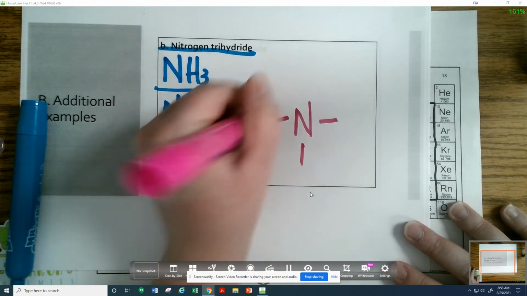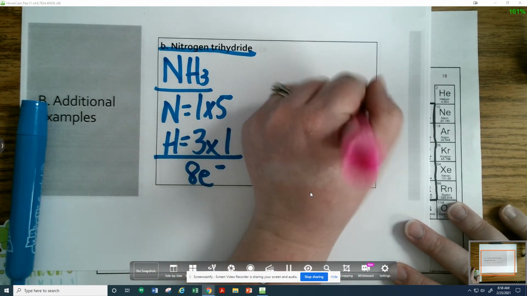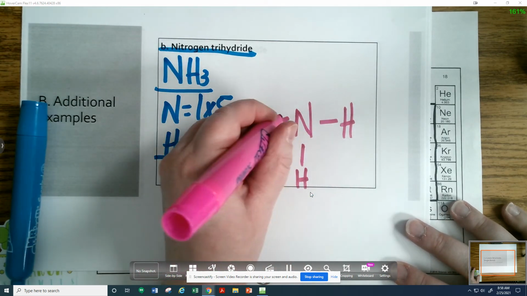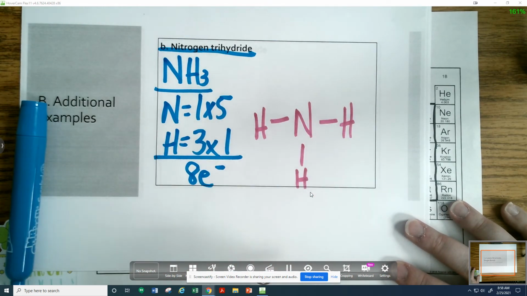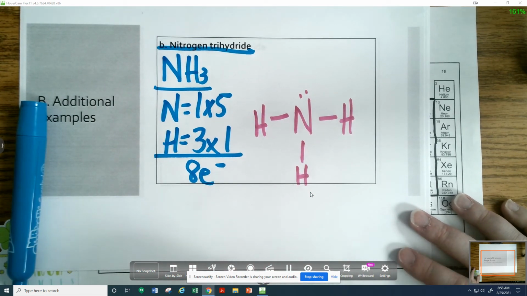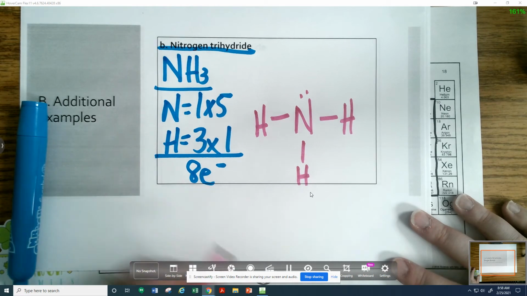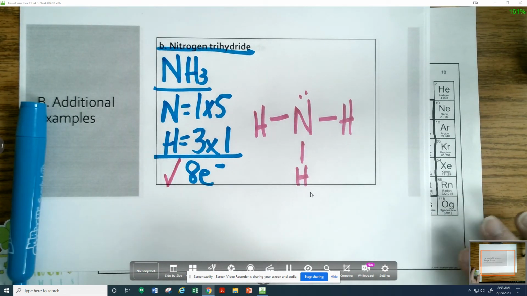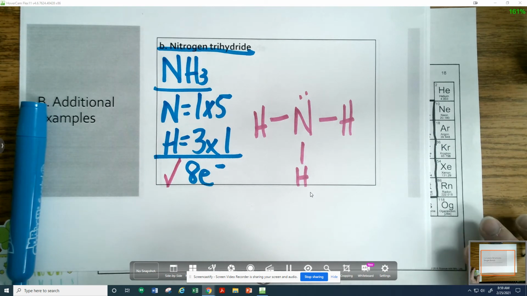Go ahead and attach my 3 hydrogens. And like the last example, we've used 2, 4, 6 electrons, so I'm going to place a lone pair on this nitrogen here. If you look, that's 8 electrons in our diagram, and we've spent them all. So you're probably thinking, how am I going to complete the octet on hydrogen?